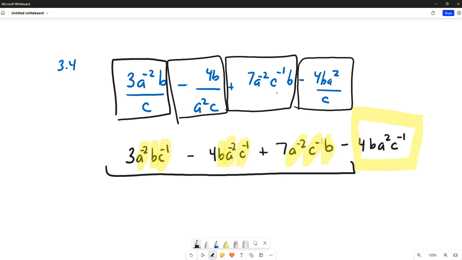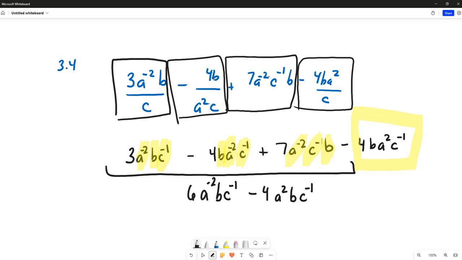So we're just going to add the coefficients. So 7, 8, 9, 10 minus 4 is 6. So 6, and then I'm going to write it uniformly as a to the negative 2 bc to the negative 1, and then minus 4a squared bc to the negative 1.